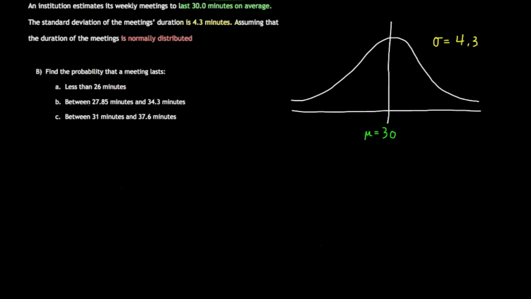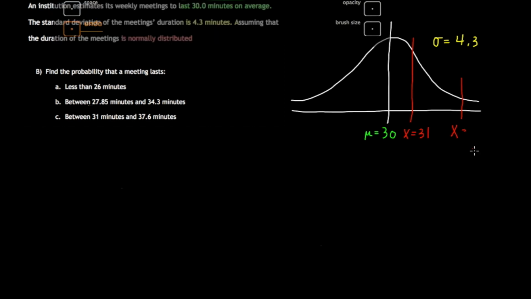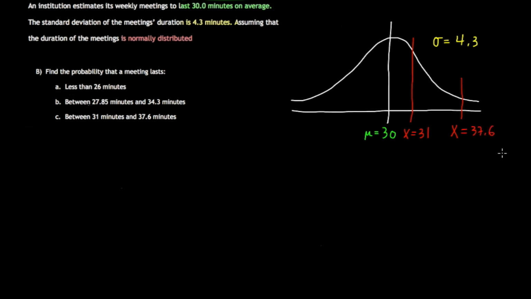So let's finish off with our last subquestion C. They want us to find the probability that a meeting lasts between 31 and 37.6 minutes. So let's go ahead and plot our visual cues before we do anything else. So we want a meeting that lasts between 31 and 37.6 minutes.